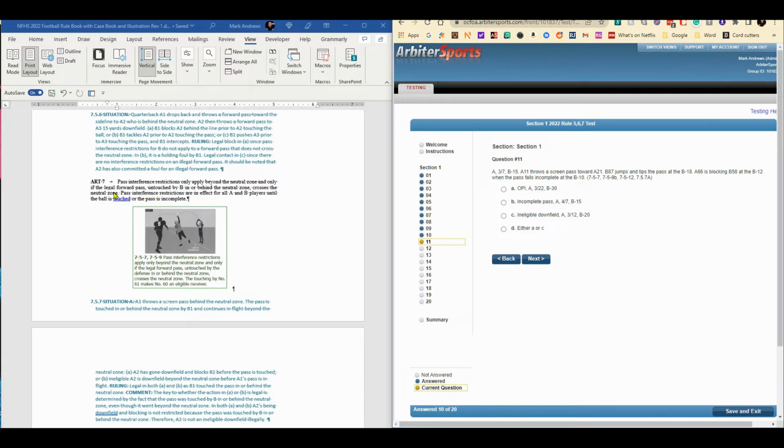And only if the legal forward pass, untouched by B, which we don't have here, in or behind the neutral zone, crosses the neutral zone. Pass interference restrictions are in effect for all A and B players until the ball is touched or the pass is incomplete. So in this case, B has touched the ball, so the pass interference restrictions are done.